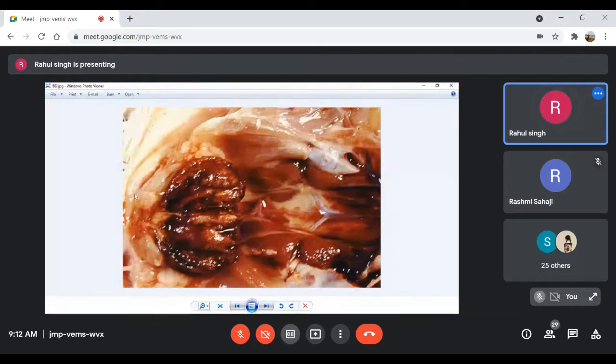Here is the anal opening of the bird, and behind this is the location of the bursa. You can see it is severely hemorrhagic, enlarged, and necrotic. Please try to observe that the bursa is having folds. These folds are called bursal plicae.